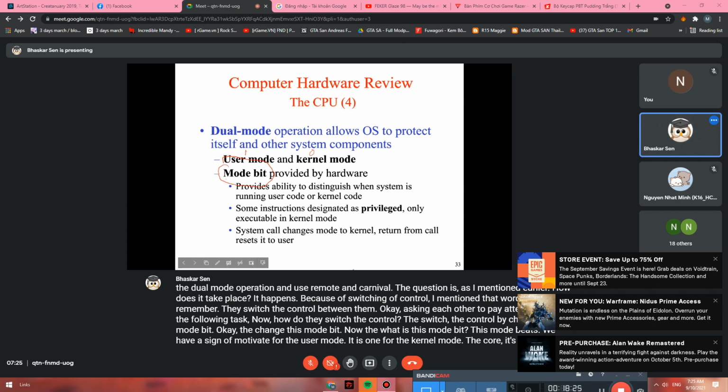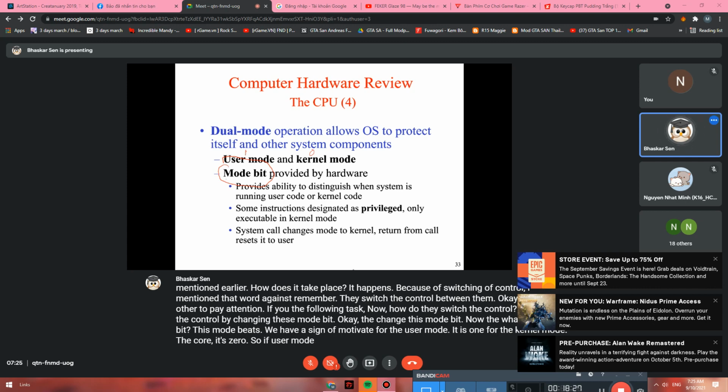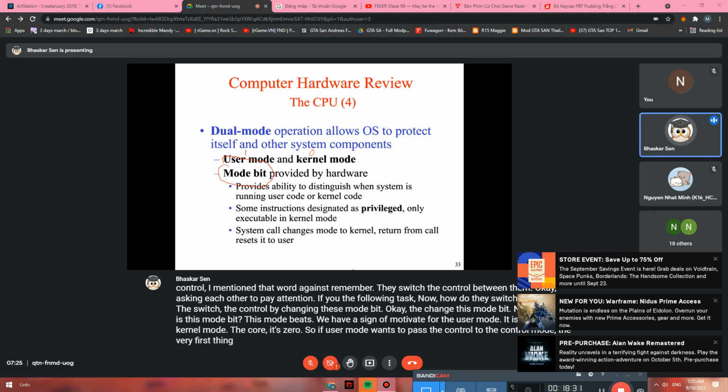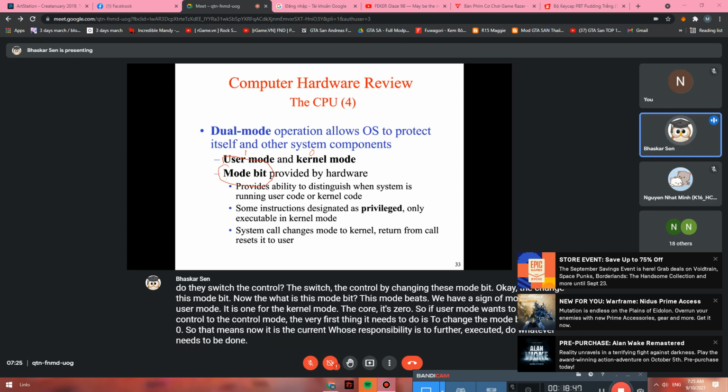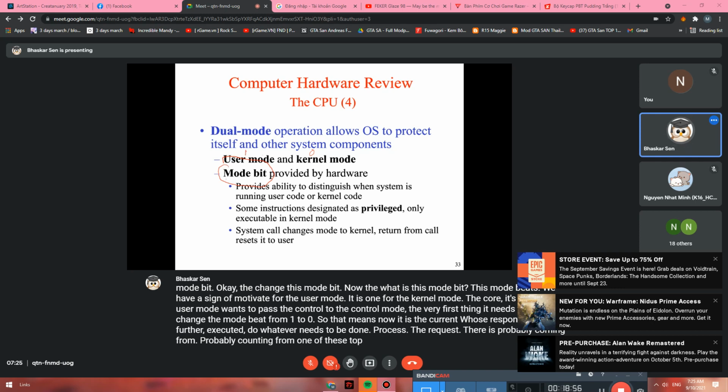So if user mode wants to pass the control to the kernel mode, the very first thing it needs to do is change the mode bit from 1 to 0. That means now it is the kernel whose responsibility is to execute and process the request, which is probably coming from one of these applications.